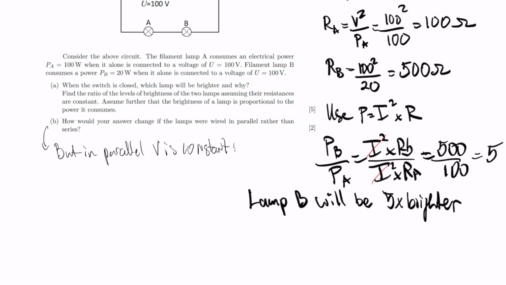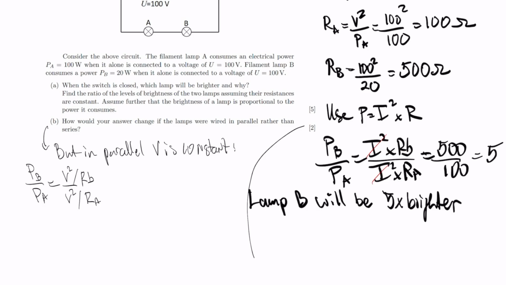So once again, I'm going to do PB over PA. So if that's the case, PB will be equal to V squared divided by RB, like that, and divide that by V squared over RA.